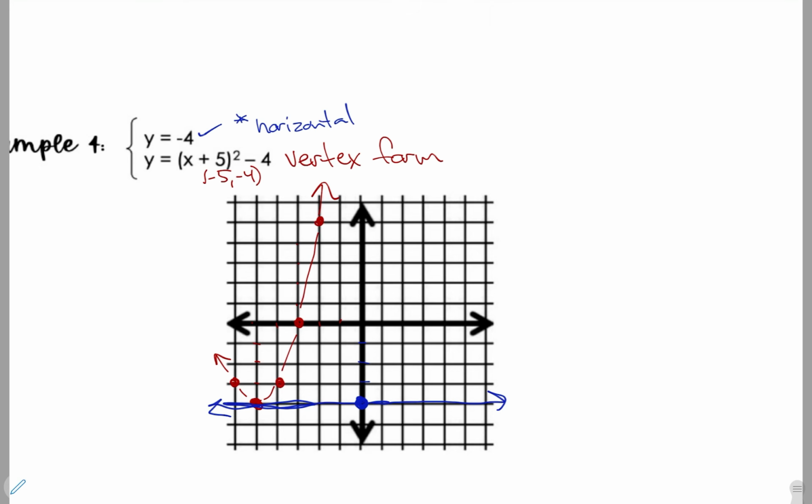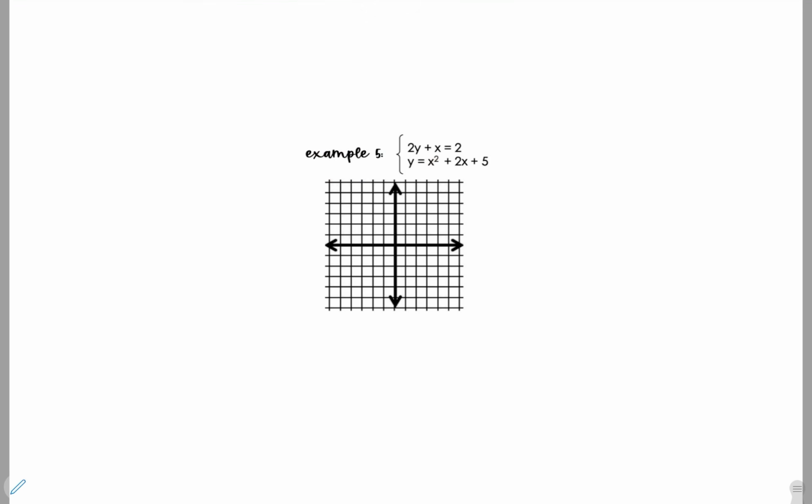And voila, we see our solution right here at this single point. Our vertex was our answer. Solution is at -5, -4. That's where the blue line and the red line cross. Real simple. Let's get another example.